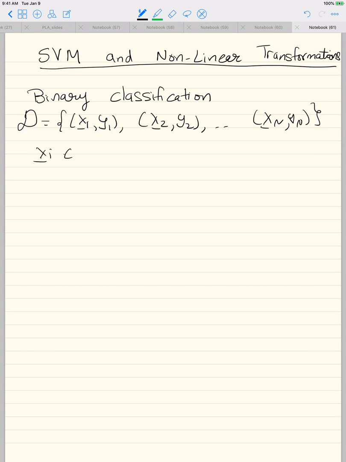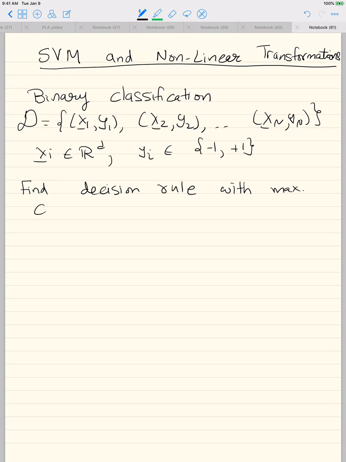Each xi is a point in Rd, while yi is -1 or +1. And we want to find a decision rule with the maximum classification margin.